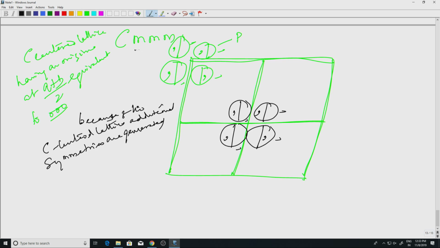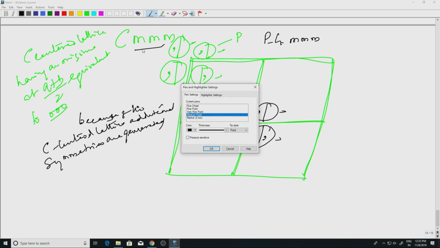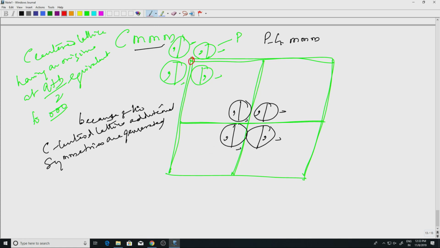Now this point group is M, M, M. So we get the inversion at these points. The new symmetry is generated.